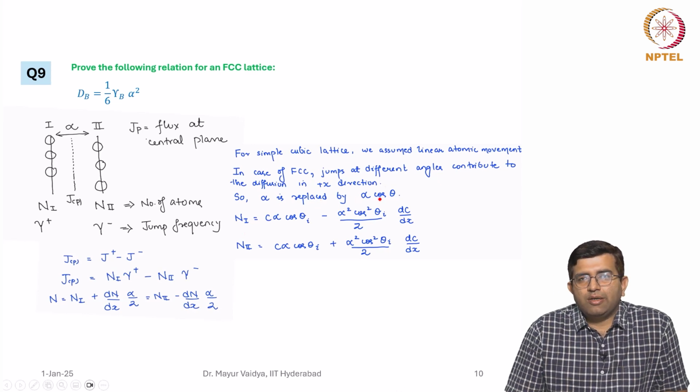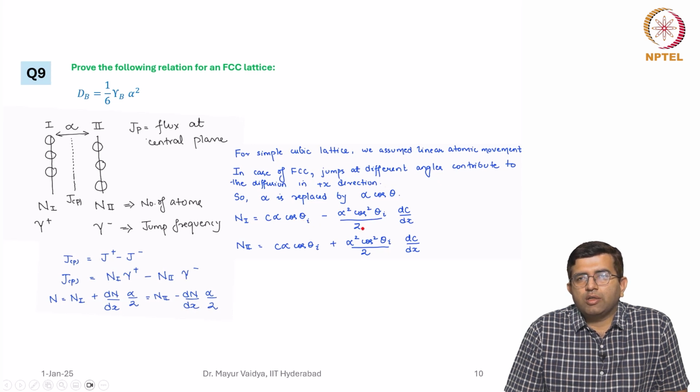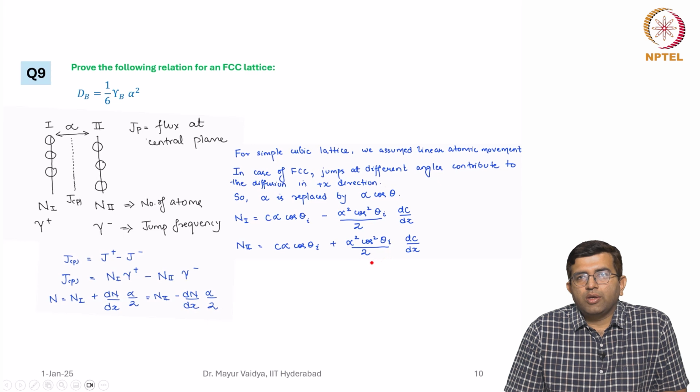So, the projected length along the x axis has to be taken. Therefore, N1 is equal to C alpha cos theta_i minus alpha square cos square theta_i by 2 into dC by dx. Similarly, N2 will be equal to C alpha cos theta_i plus alpha square cos square theta_i by 2 into dC by dx. So, alpha we are replacing by alpha cos theta.